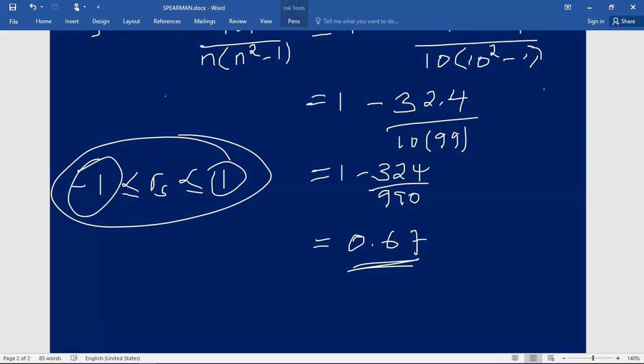But if we have 0.67, this is fairly strong, or you can just say there's a strong relationship. But the best is to say fairly strong relationship.